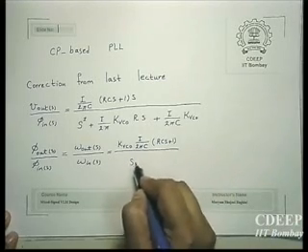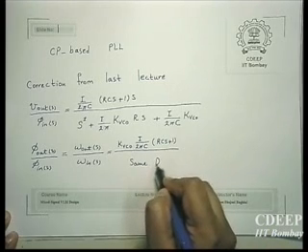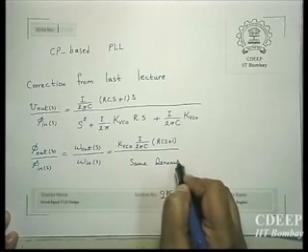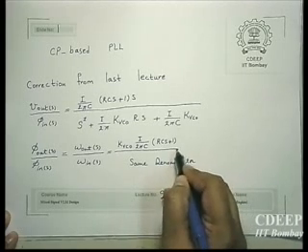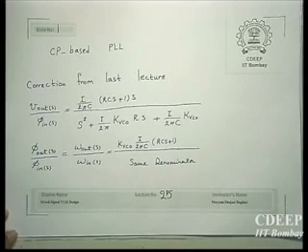Same denominator. So you just repeat. Okay, just 1 upon C is left.